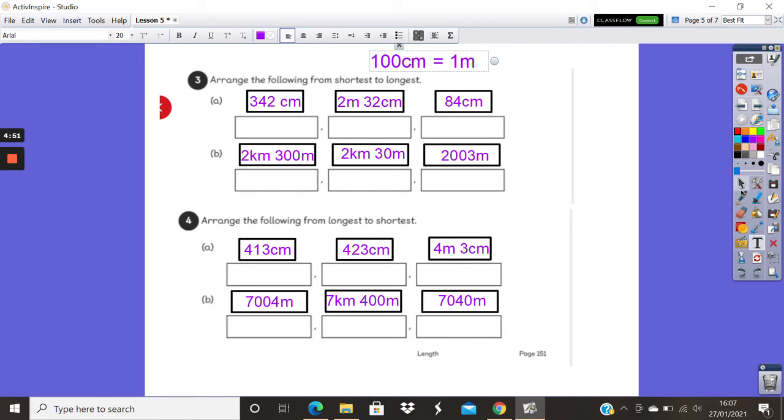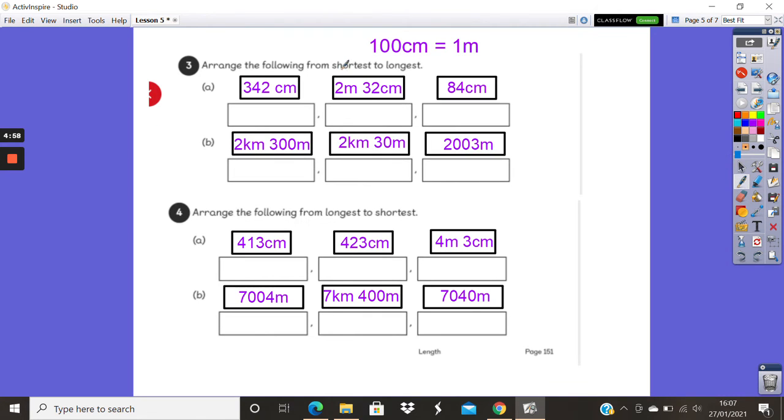So 2 metres 32 centimetres would be 232 centimetres. I'm going to write it at the top just to help me. 232 centimetres. And then all these measurements now on row A are in centimetres. So now we can put them in order from shortest to longest.